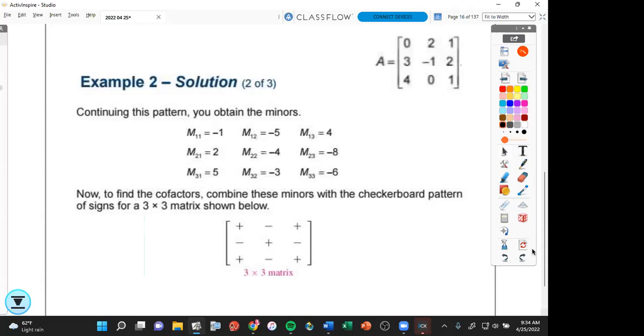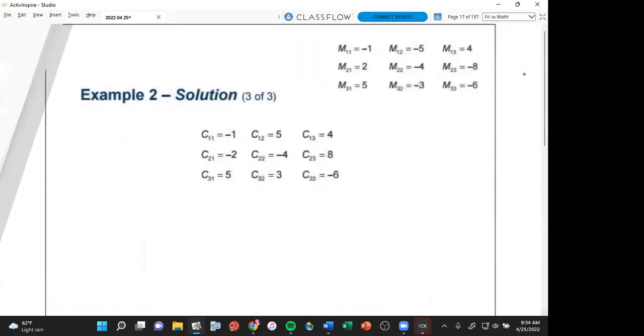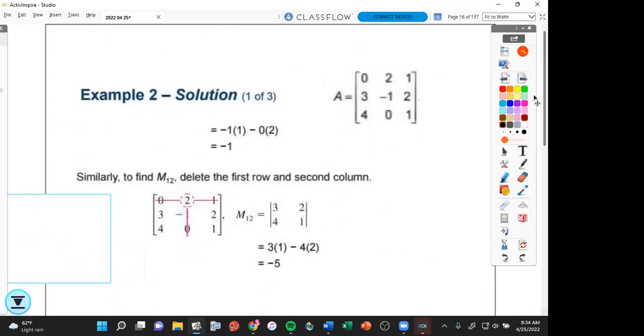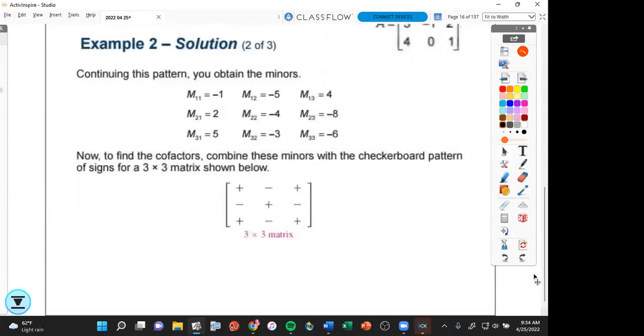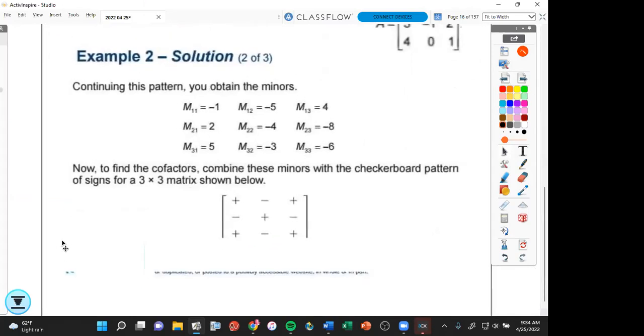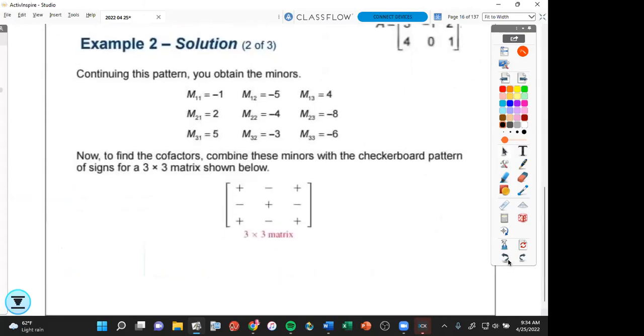I'm going to the next slide. Let's go back real quick. Okay. The cofactors. A plus means leave the sign alone.